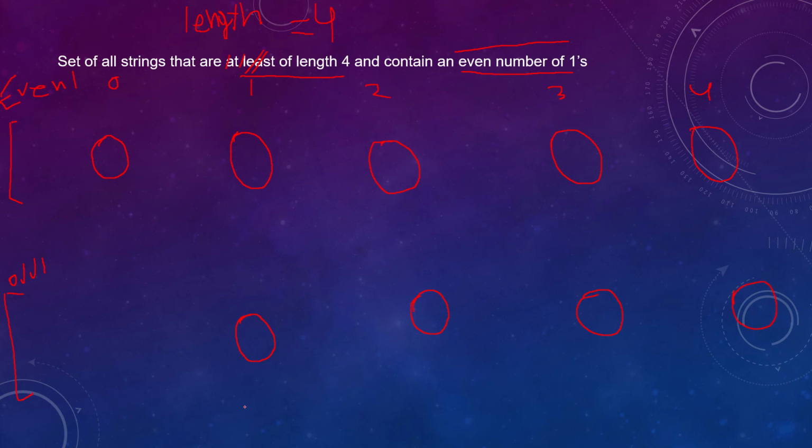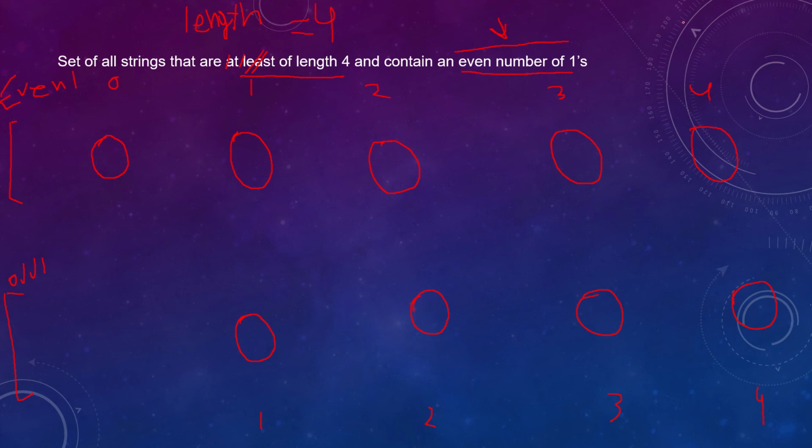Now the condition is on the number of 1, but for the zeros there is no condition. That means there can be any number of 0, odd or even, it doesn't matter.